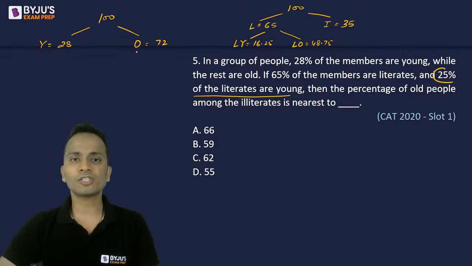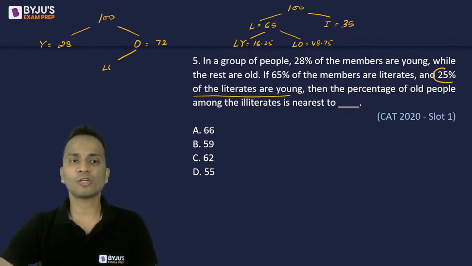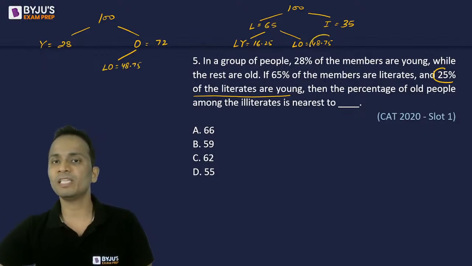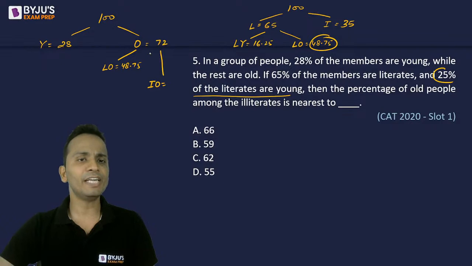Now, look at this old. Now, out of total old who are 72, literates old are 48.75. I can copy this value. So, illiterates which are old will be 72 minus 48.75, that is 23.25.